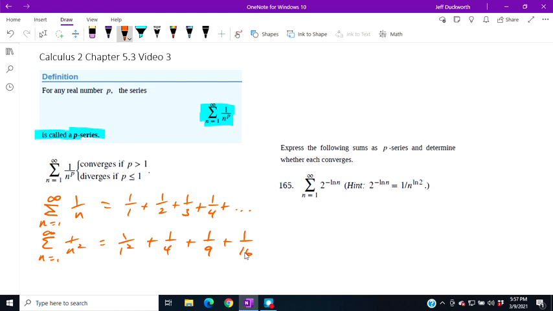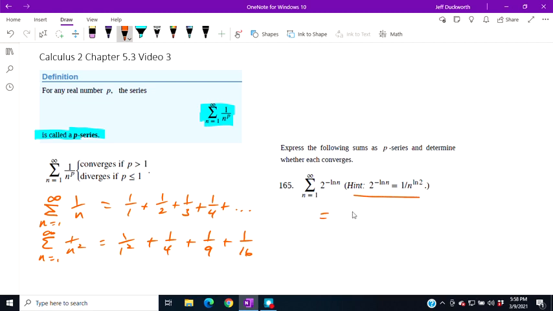All right, so let's try to put this to the test. We want to put this next problem in the form of 1 over n to some value p. They say express the following sums as p-series and determine whether they converge. So here we're given this hint, which we'll use.